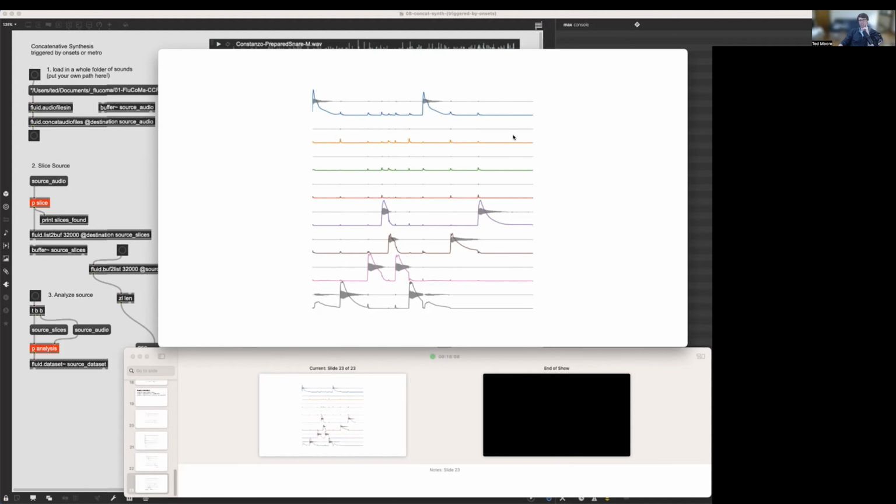Here's D, which does not exist in the melody, so we won't hear it. Here's E, which does not exist in the melody, so we won't hear it. Here's F, which does not exist in the melody, so we won't hear it. And now here's the G. So I'm using a FluCoMa object to do these graphs.